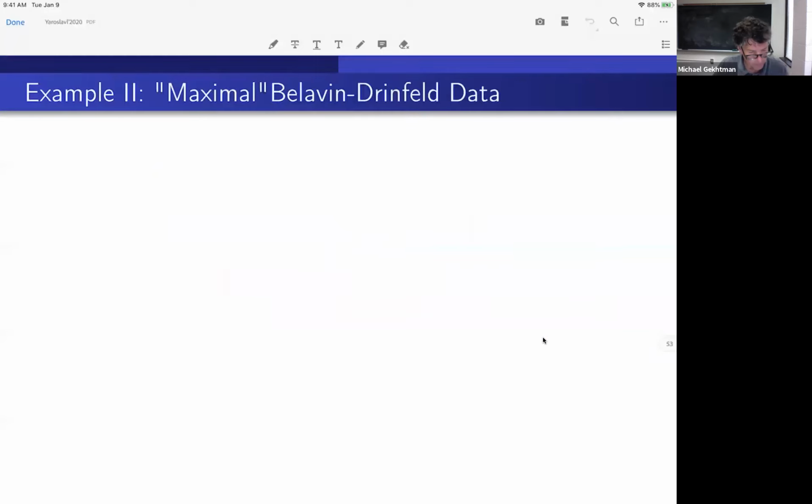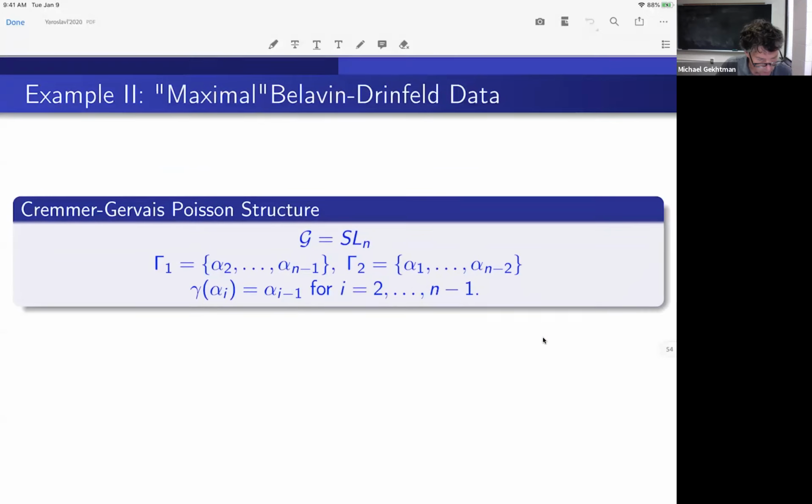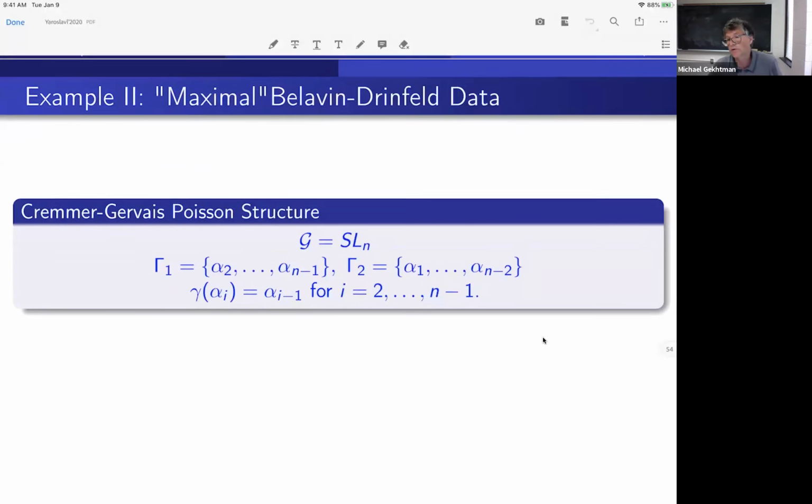All right, but here's another example, which is in some sense maximal Belavin-Drinfeld data. I just want to show it to illustrate how strange the corresponding coordinate systems look. It's rather amazing that you can still find them. So G is SLN. We can take the subset gamma 1 of all the roots except for the first one, and another subset gamma 2, all the roots except for the last one.